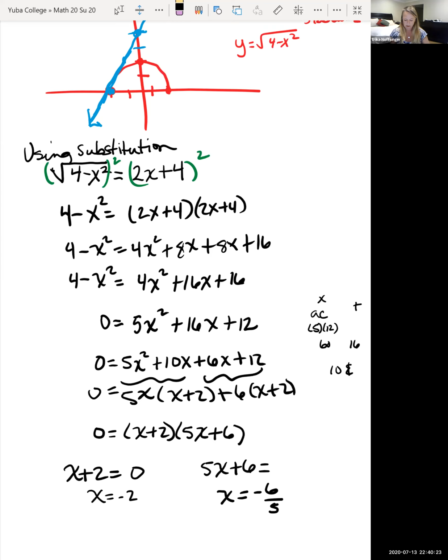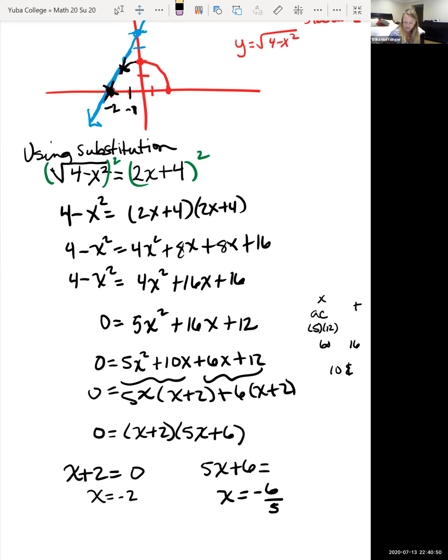Okay. So x equals negative 2. If you go back to our graph, here's negative 1, and here's negative 2. We already looked at it and thought that it was going to cross there. At negative 6/5, so that's negative 1.2, about here, it's crossing again.